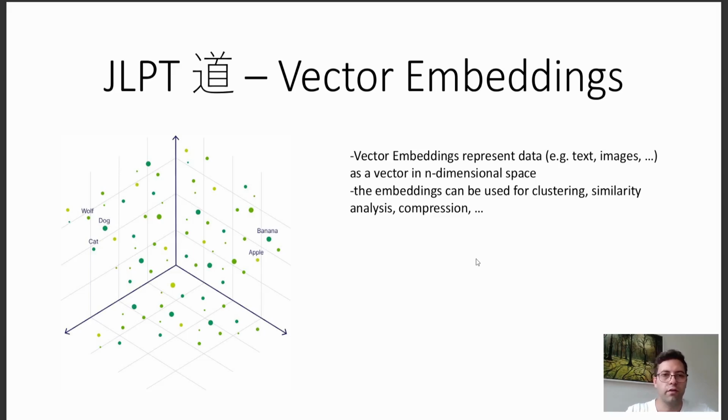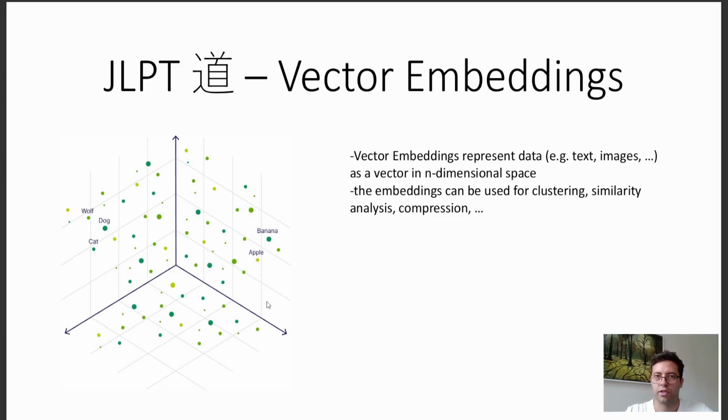On the left side here you can see an example of a vector embedding. So you see different data points, that's all these points in our graph. And you see that these points have different positions inside this n-dimensional space.